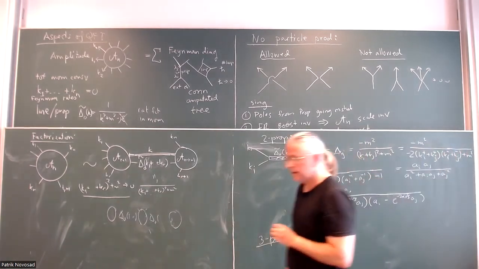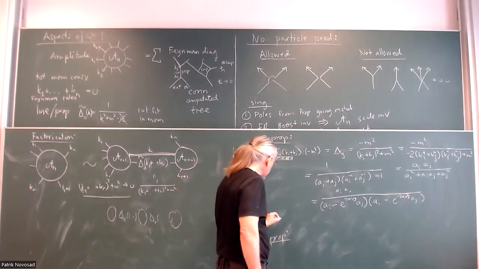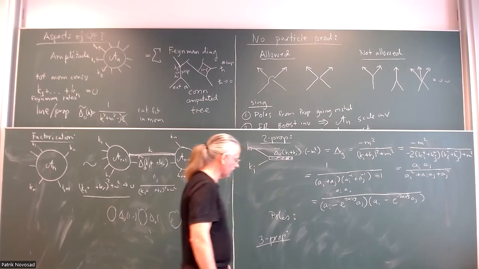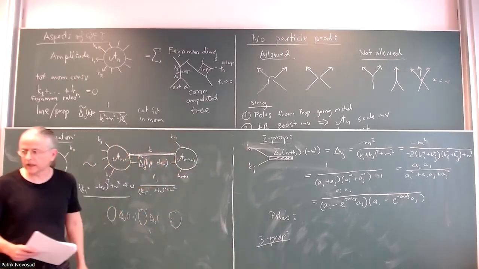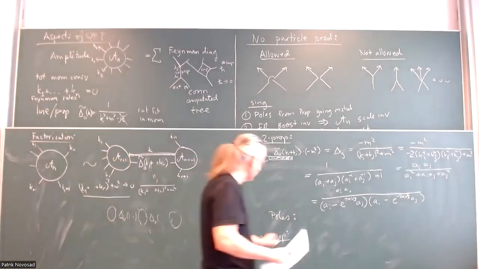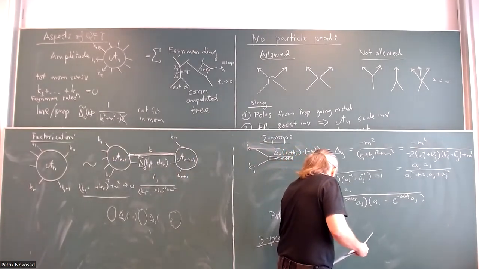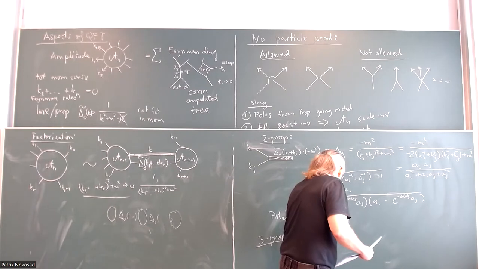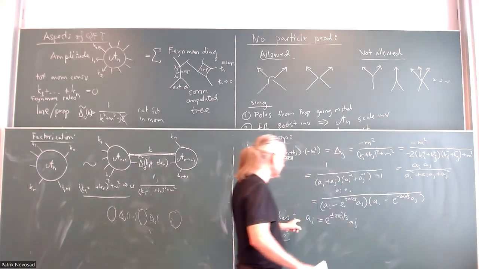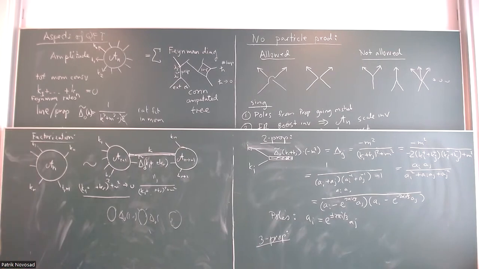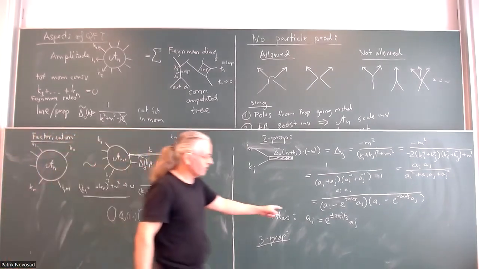Okay, so we learn that the poles in the complex plane of a true propagator are given by ai equal to e to the plus or minus 2 pi i over 3 aj. So this is where we can have a singularity, and we see, by the way, it's unphysical.